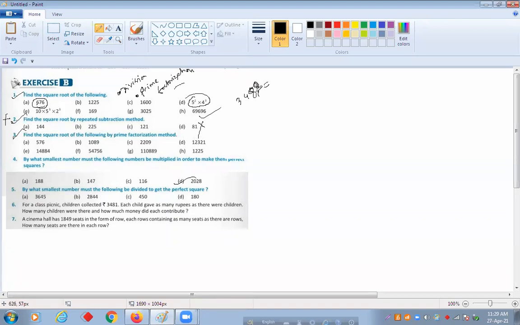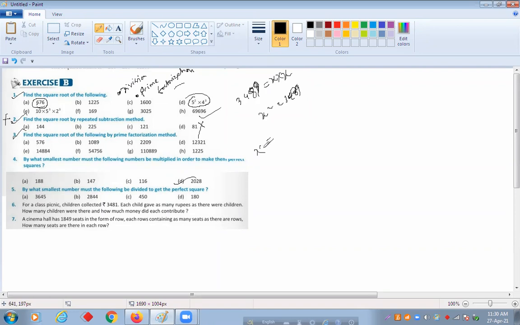Let the number of students be X and every student has given X amount of money. So X into X, that is X square, is equal to 3489. That means what will be the value of X?